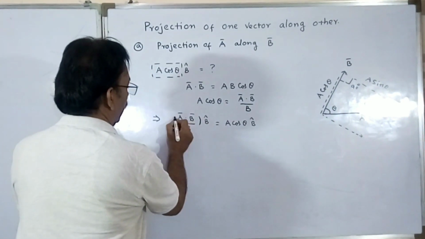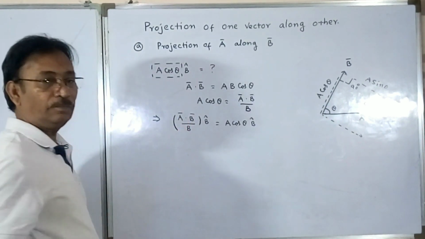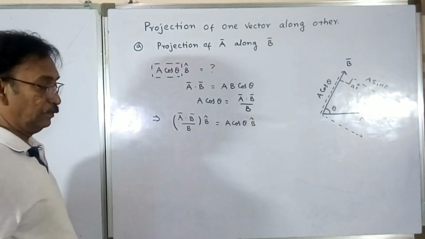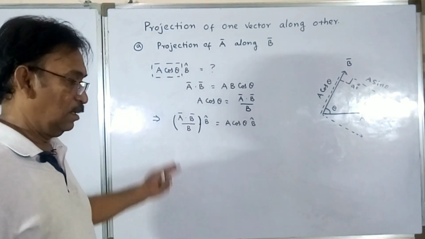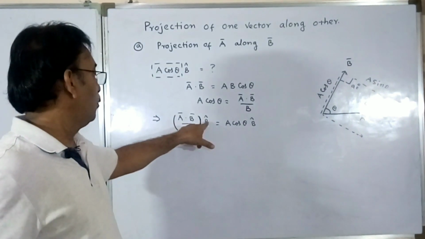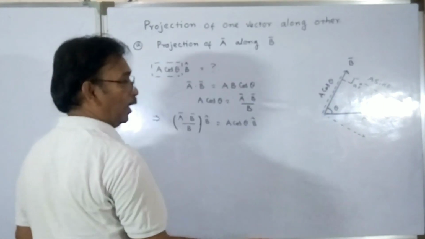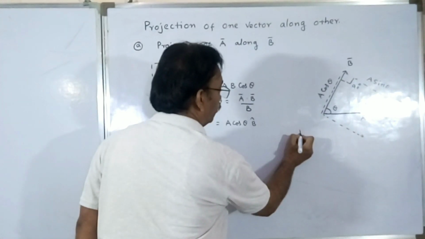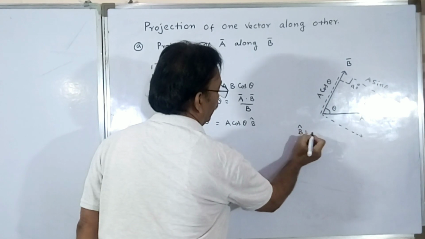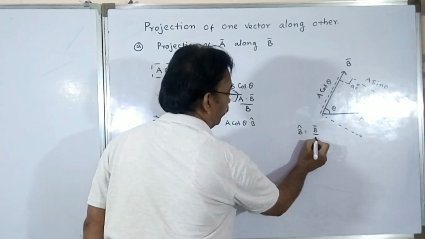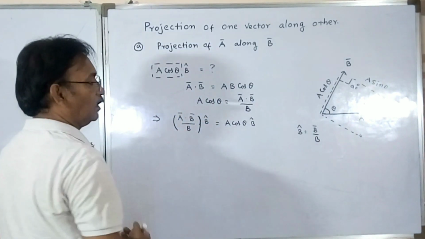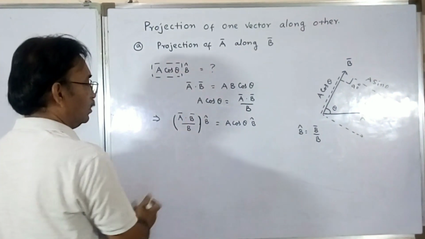In other words, you can write it further. B cap is equal to b bar by b, and put the result there. We'll get the same result.